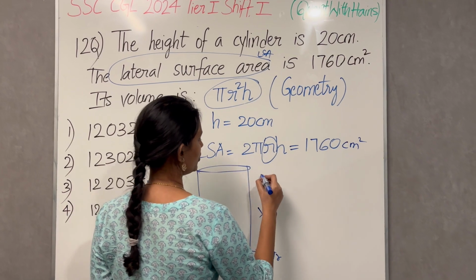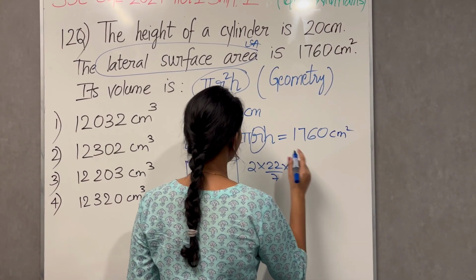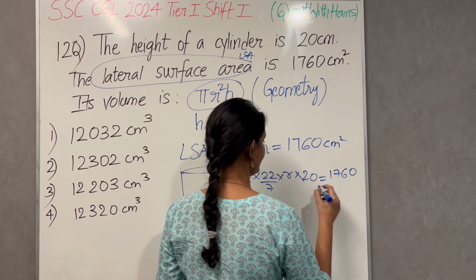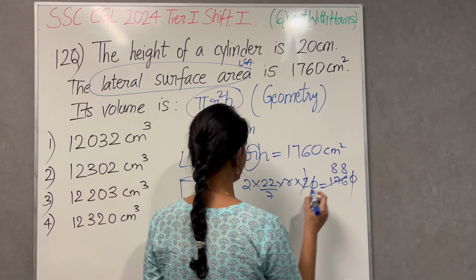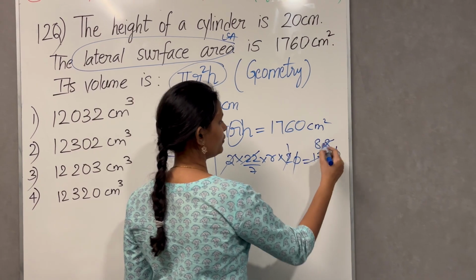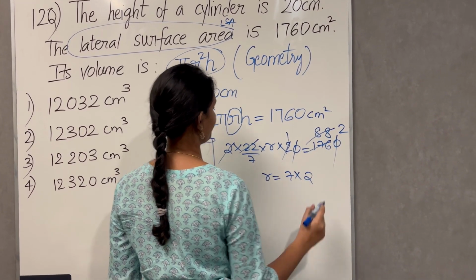So 2 into 22 by 7 into r, h is 20, equals 1760. Zeros cancelled, 2 1s are 2, 8s are 16, 8. 2 into 22 is 44, 44 2 times. So r equals 7 into 2.